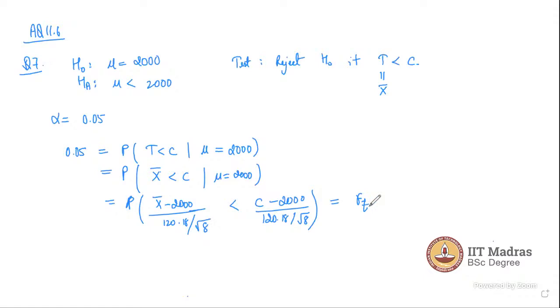Excuse me, can you explain the denominator? I can't understand. Okay. X bar was your random variable here. And what is the mean of X bar? Let's say I have x1 to xn samples, which are IID, and I have defined X bar, the sample mean, as x1 plus x2 plus up to xn, divided by n. So what is the mean of X bar? How do you write the expectation of X bar?